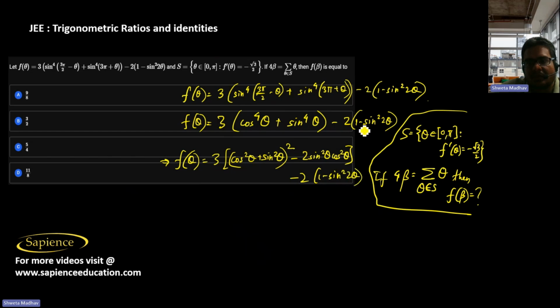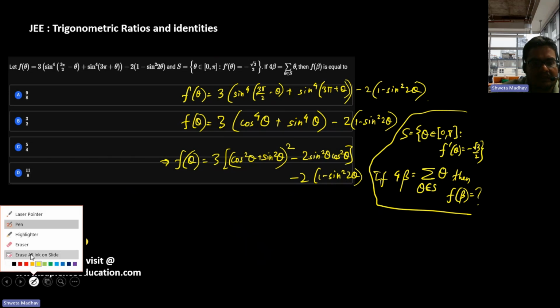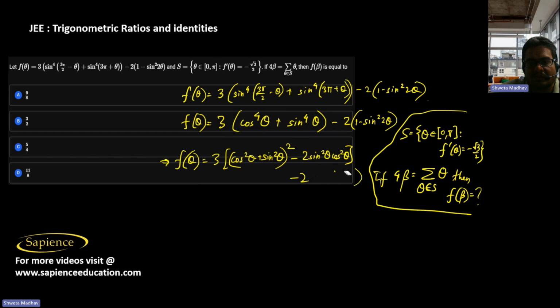Now 1 minus sine square x, I can write as cos square x. So instead of writing this, we can write it as cos square 2 theta also, minus 2 cos square 2 theta. Then this will be 3 into, sine square theta plus cos square theta is 1, so 1 square is 1 again, and 1 minus 2 into sine theta cos theta whole square.